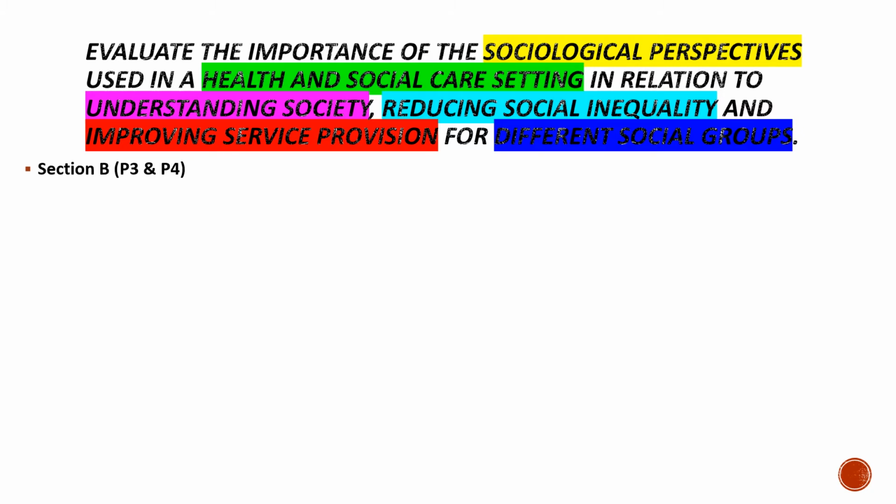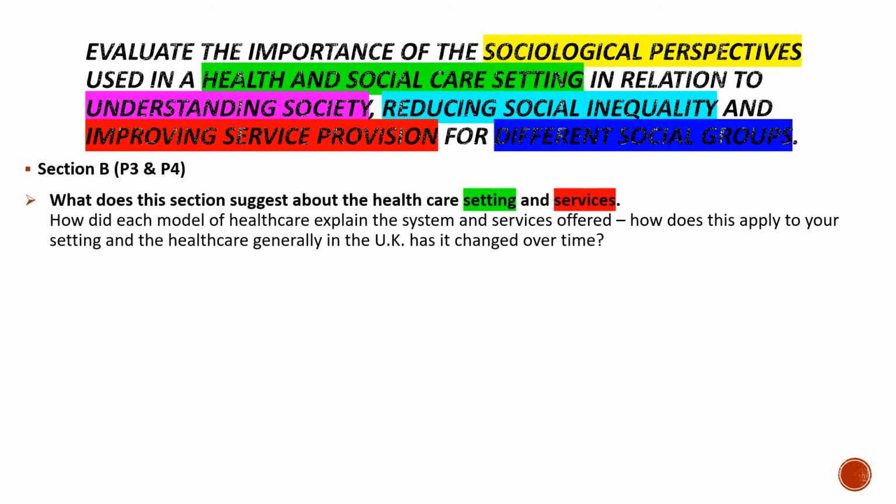Moving on to section B, a P3, a P4. These are the models and the concepts of healthcare. So essentially this is going to come and look at trying to help us to explain the healthcare setting and think about the services. So it is kind of an understanding element as well. So what were the three models of healthcare? How do they explain the system?